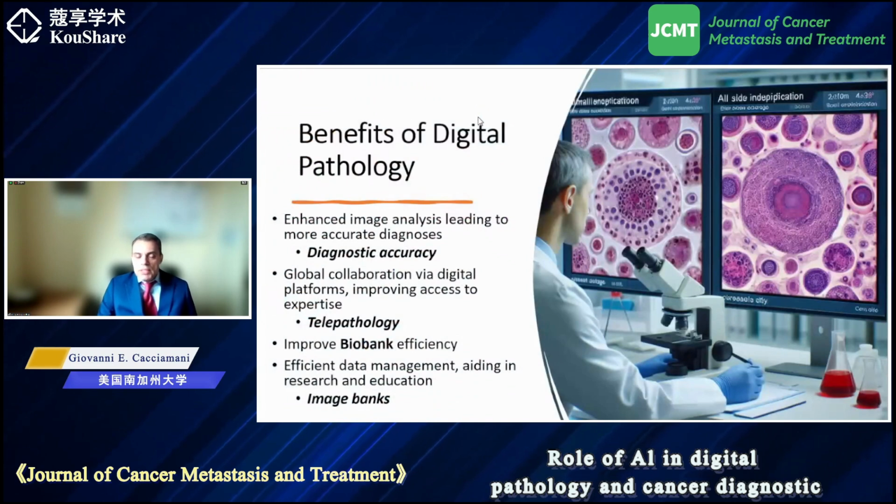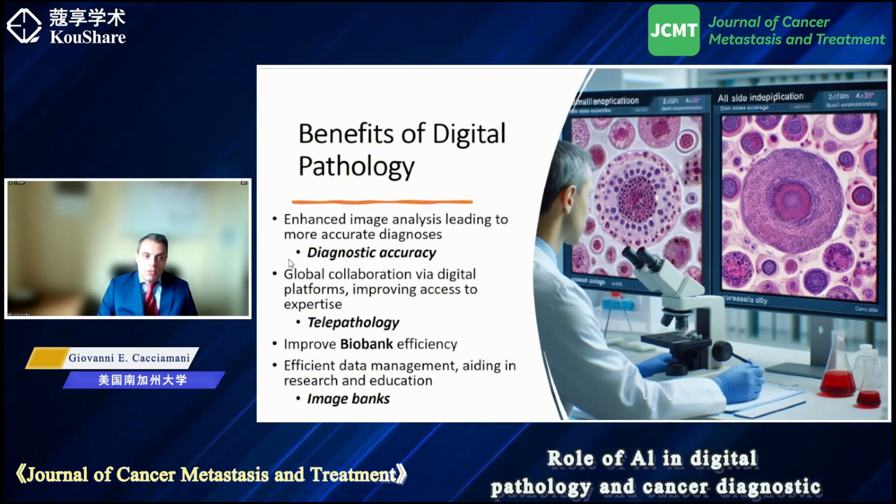The benefits that we can anticipate are, as I said, probably better image analysis and more accurate diagnosis. This would translate into diagnostic accuracy. But also the global collaboration is quite important in my view, leading to routine use of telepathology.